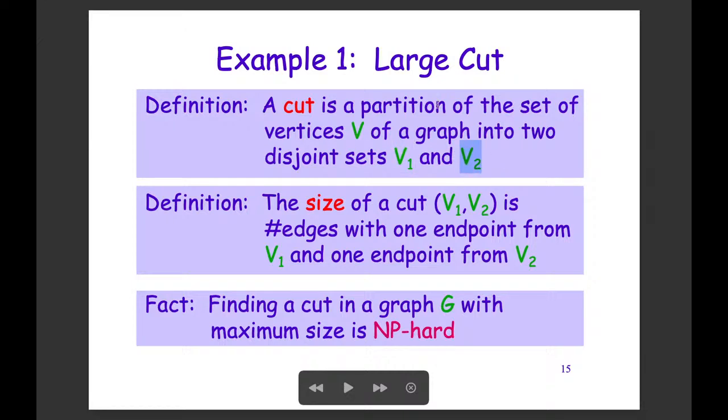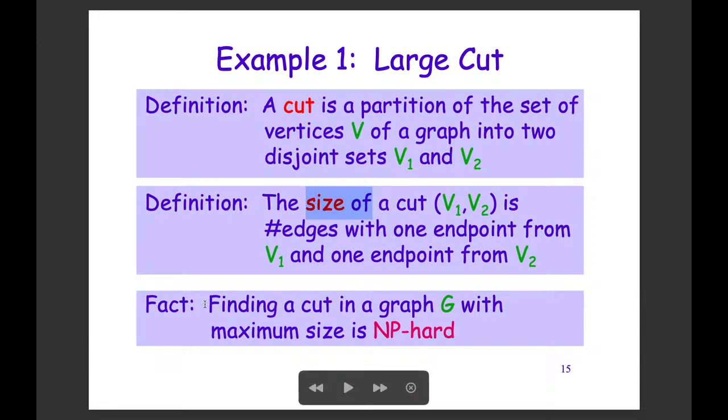So a cut is a separation of the vertices into two groups. But then the size of a cut is talking about how many edges are there such that one vertex is from V1 and the other vertex is from V2. In such a case, this is called the size of a cut.